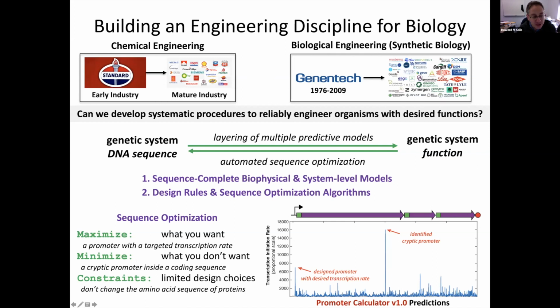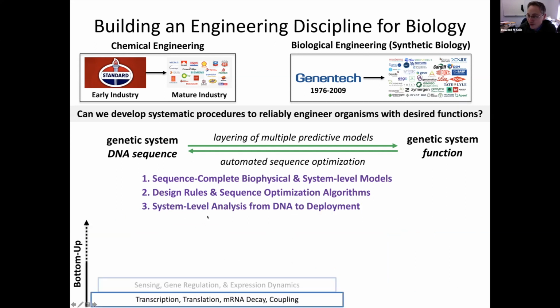And so not only do we want to maximize the things that we want, we also have to minimize the things that we don't want. And we don't have unlimited choices. We have, for example, a set of constraints. For example, if we specify we want to express certain proteins, we of course cannot change the amino acid sequences of those proteins, at least at this level.